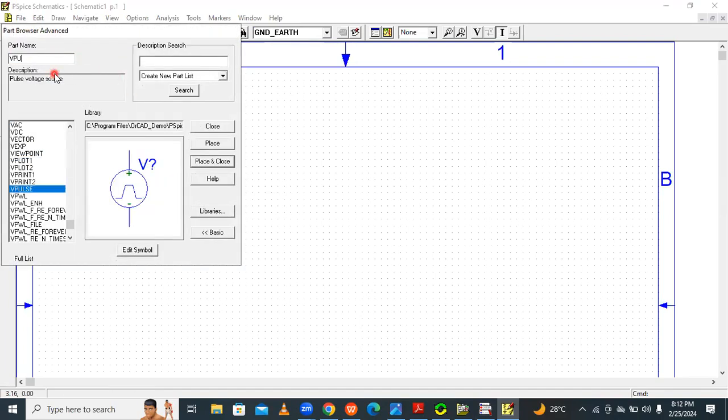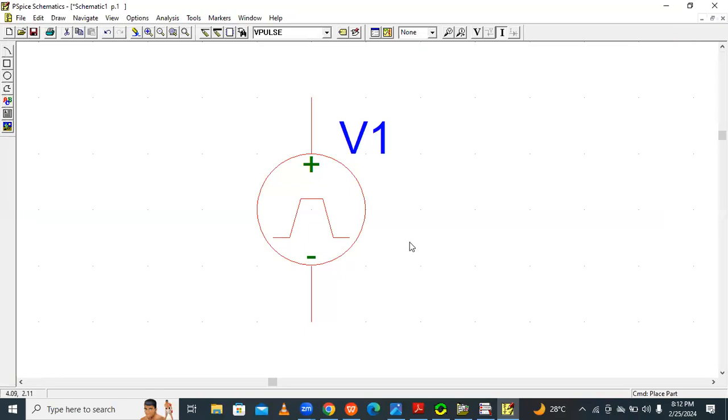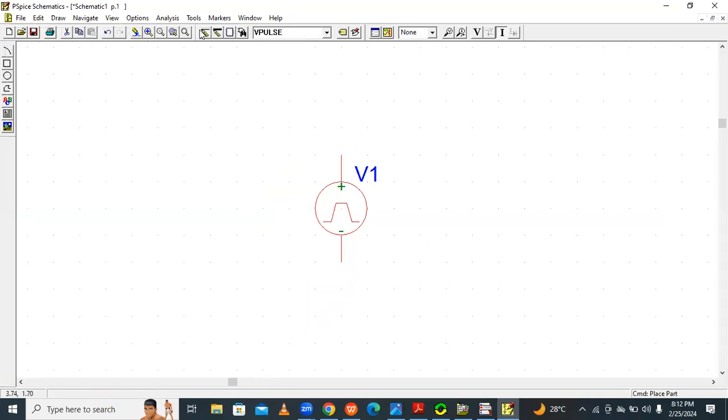Place it here. This is the V pulse symbol. Okay. Then next, take one resistor. Press Ctrl R like this, and connect this circuit.